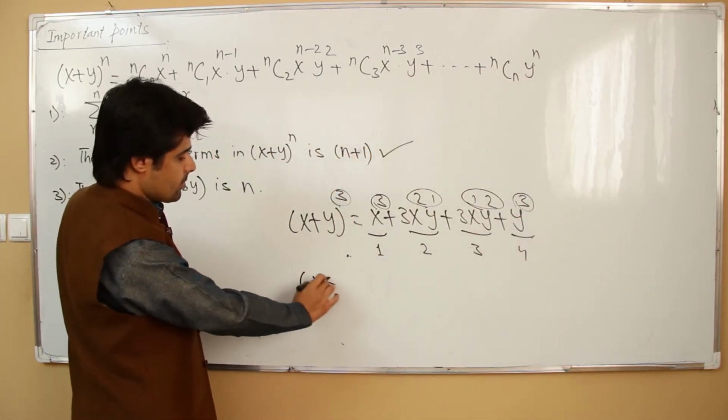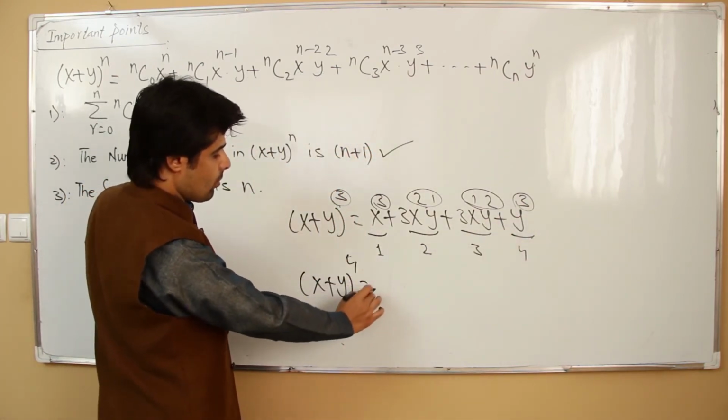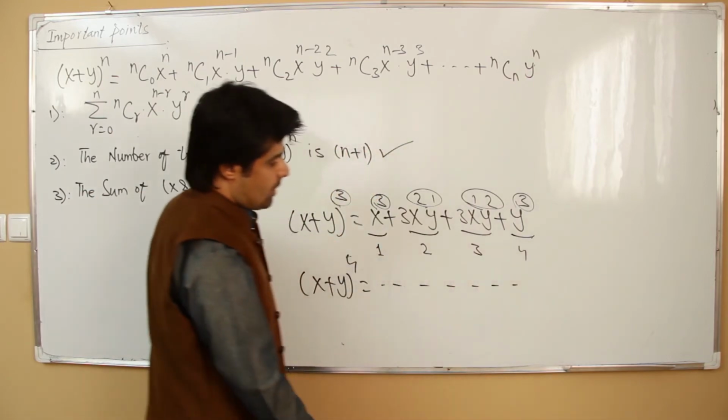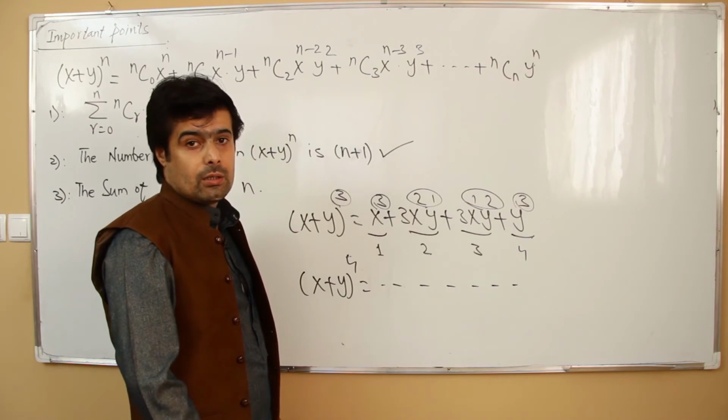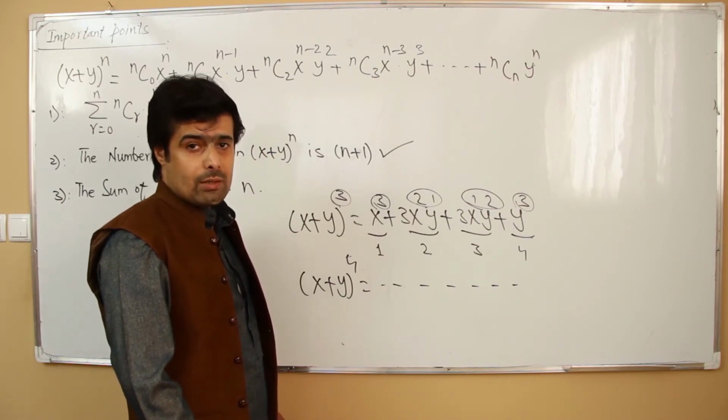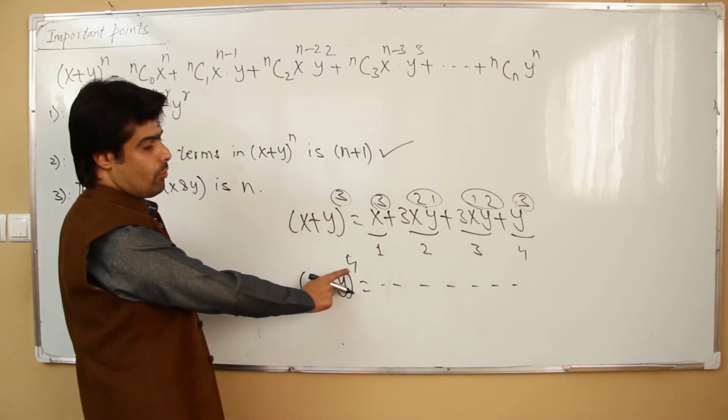If we have (x plus y) raised to the power 4, now you have the expansion in here. In every term, the addition of the powers of x and y is what? 4.